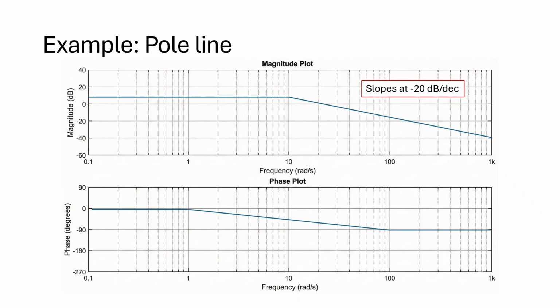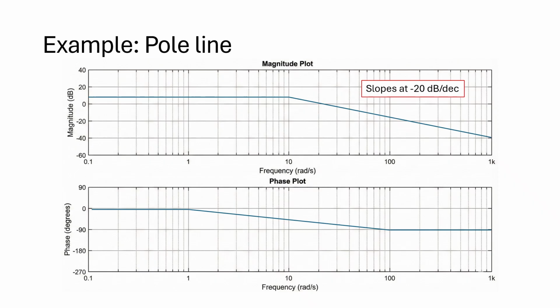And for the pole line, it's similar. On the magnitude, we can see that I'm starting off at the DC gain that we had found previously, and then it's sloping down at omega equals 10, which we had looked at before, and it'll slope down negatively since it is a pole.